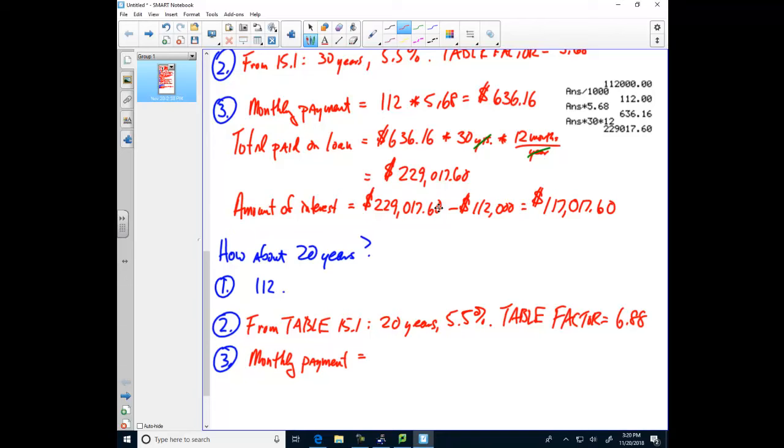So now the monthly payment is going to be 112 times 20 years times 12 months in a year. And of course those two things cancel out.